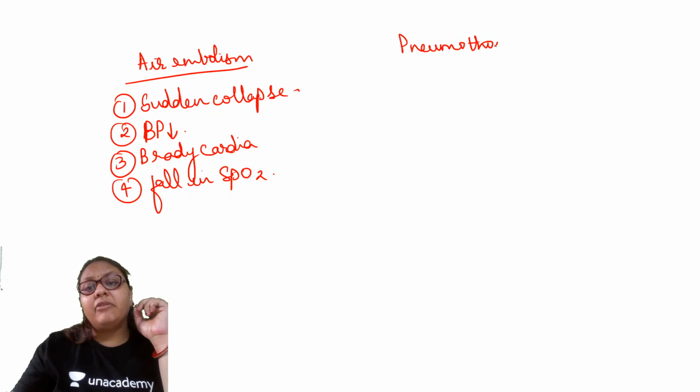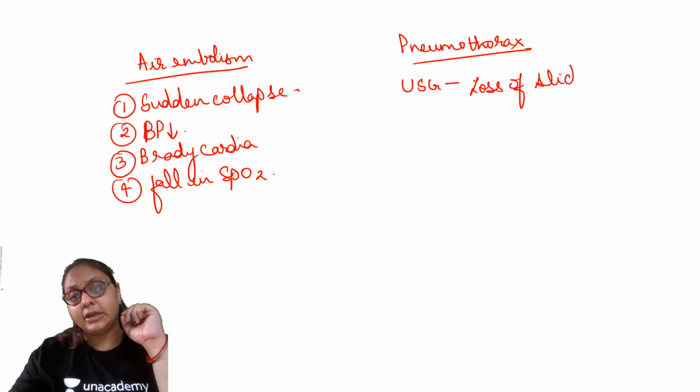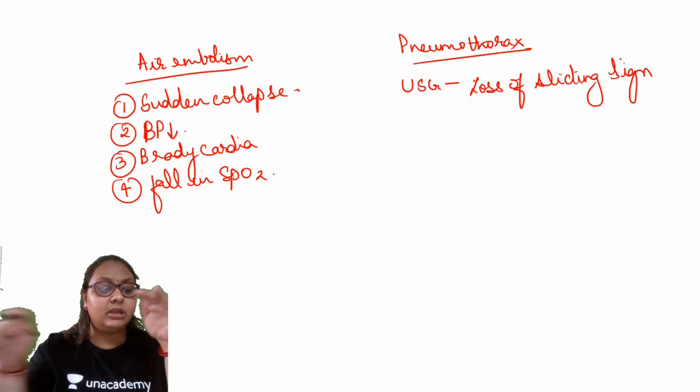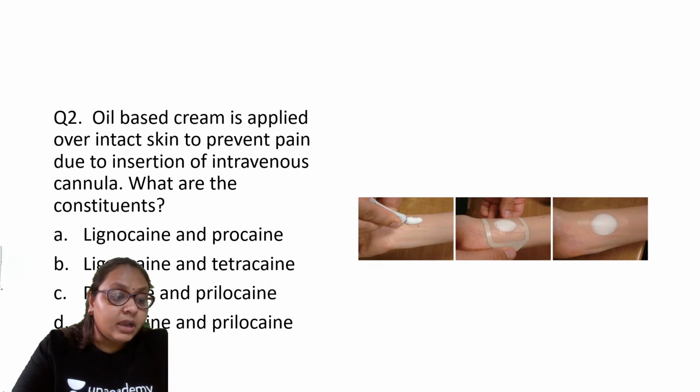In pneumothorax, when we do ultrasound, there will be loss of the sliding sign, loss of sliding of the pleura over the lung. These are all features seen in cases of pneumothorax. Is it clear?